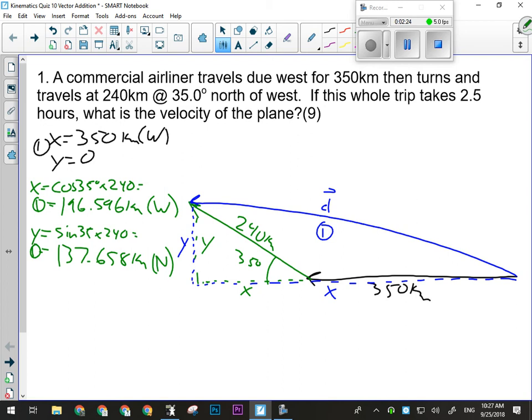Okay, then we got to find our resultant X and our resultant Y. Okay, so we're up to 4 marks here.